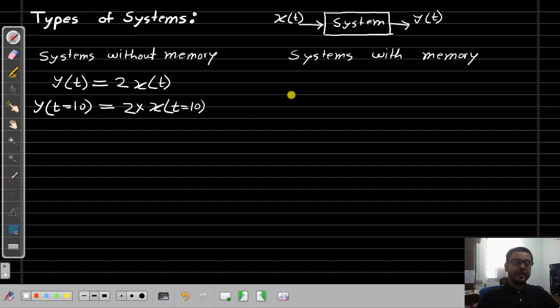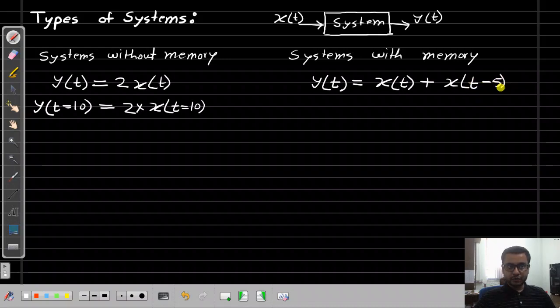On the other hand, suppose I have a system whose output is given as x(t) plus x(t minus 5).